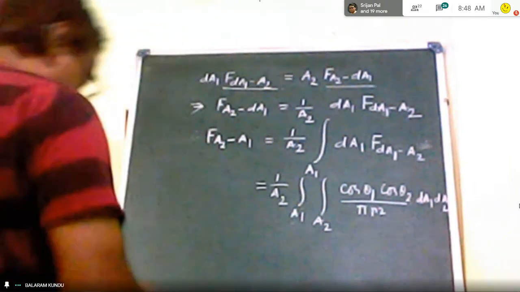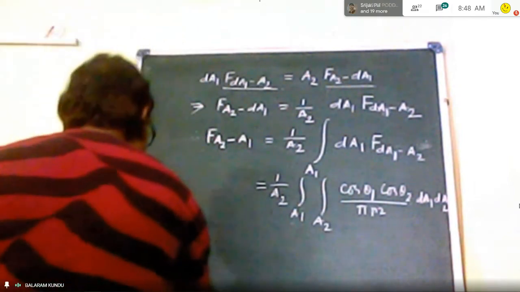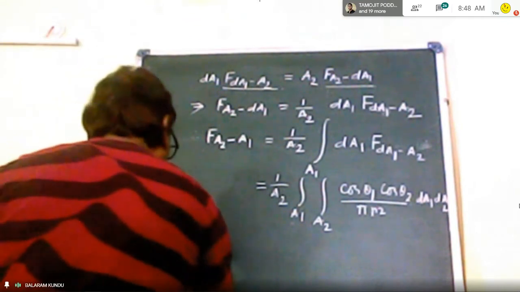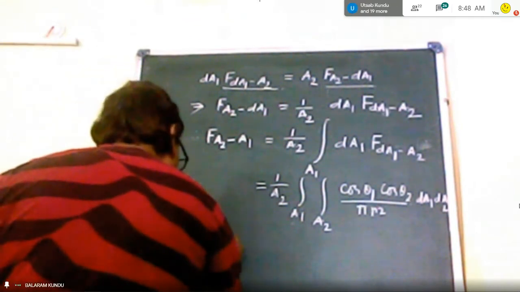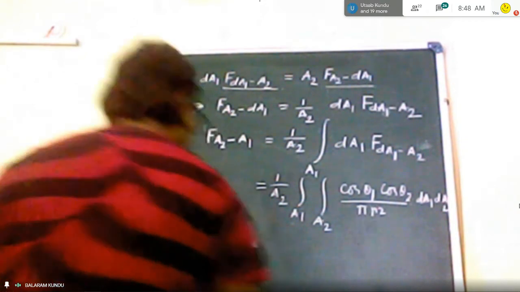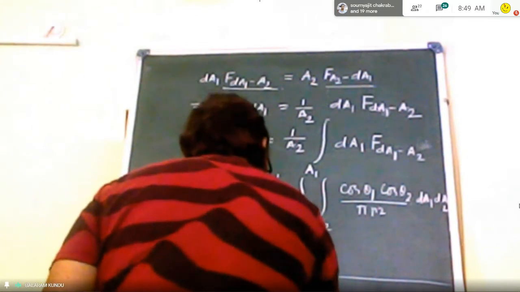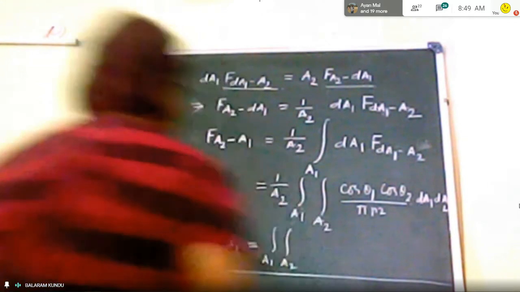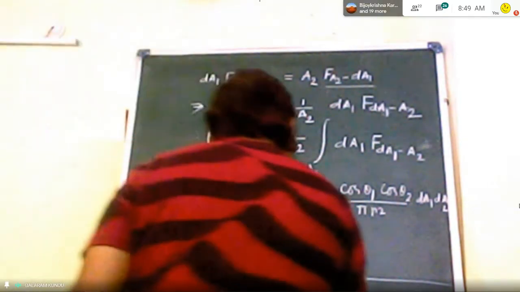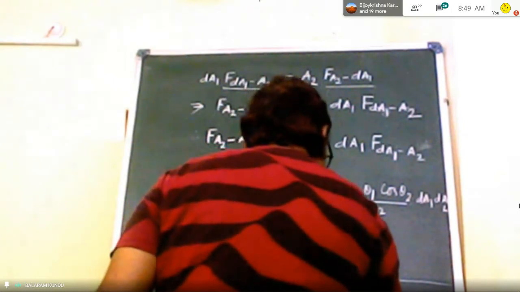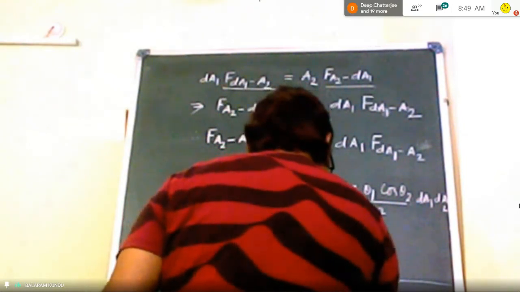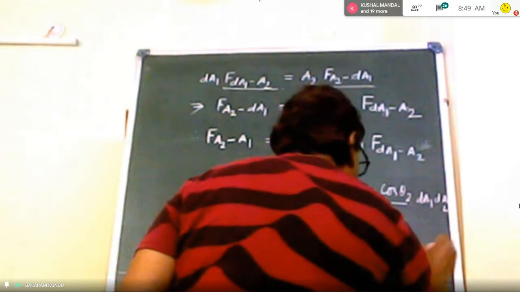Then from this expression here, it is possible to write again, that is A2 into F of A2 to A1, and expression will be, that is integration along the surface A1, another integration along the surface A2, then it is cos theta 1 cos theta 2 divided by pi r square into dA1 into dA2.